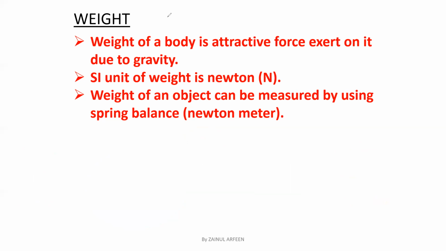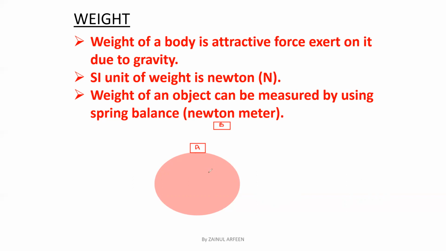And the value of the gravity decreases. Like for example, two objects are there. One is on the surface of the Earth, another one is at a certain height above the Earth surface.